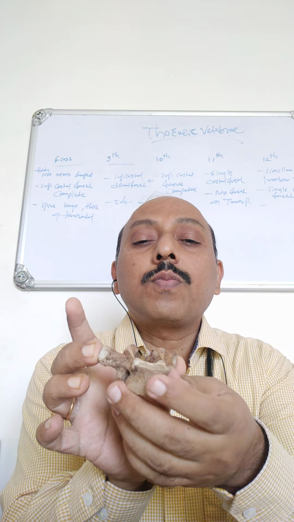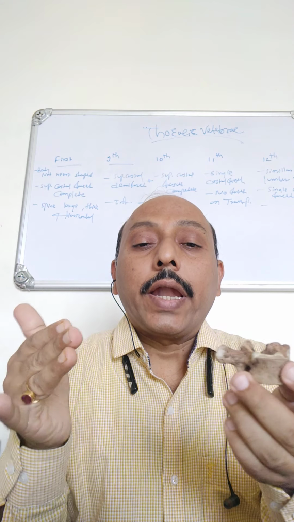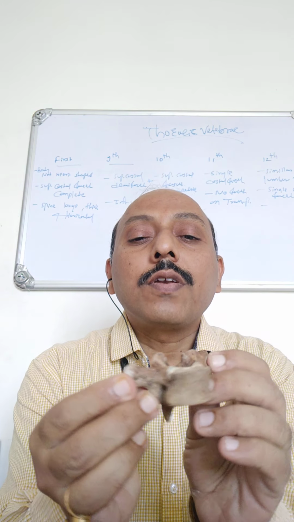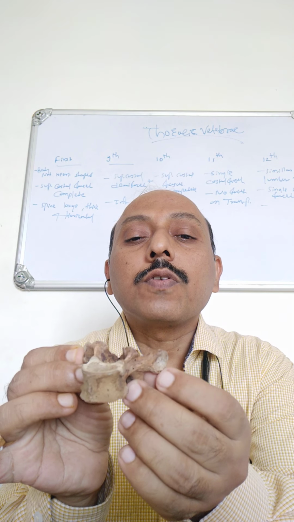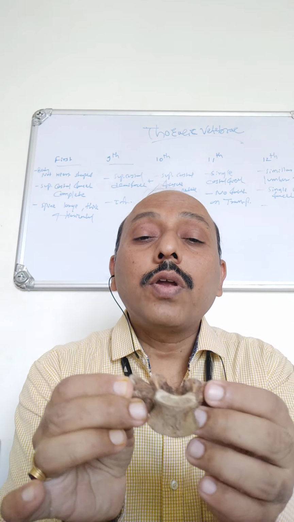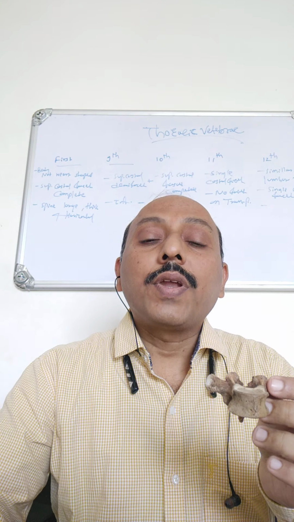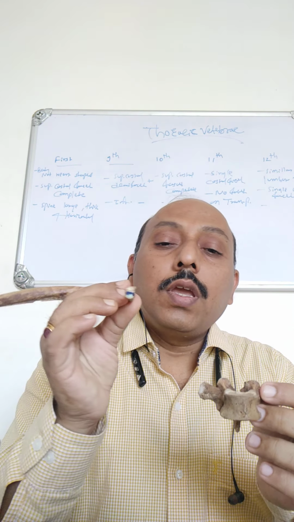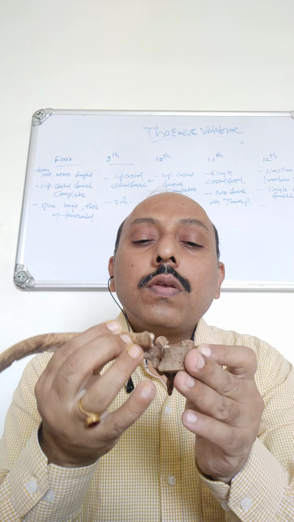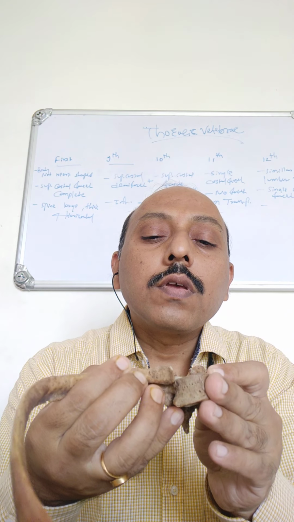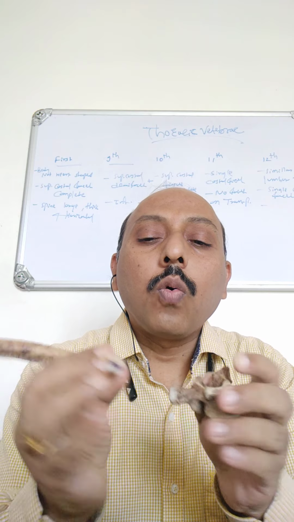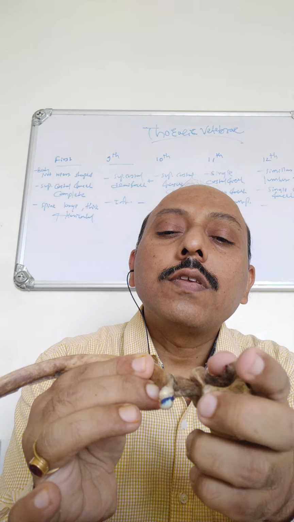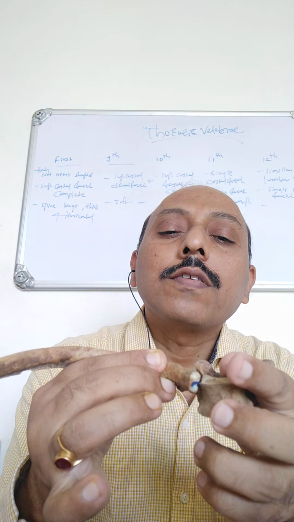These transverse processes are directed laterally and backwards, and they have the costal facets present on them. They articulate with the tubercle present behind the neck of the corresponding rib. See, this is the joint, and this is how the tubercle articulates with this facet.